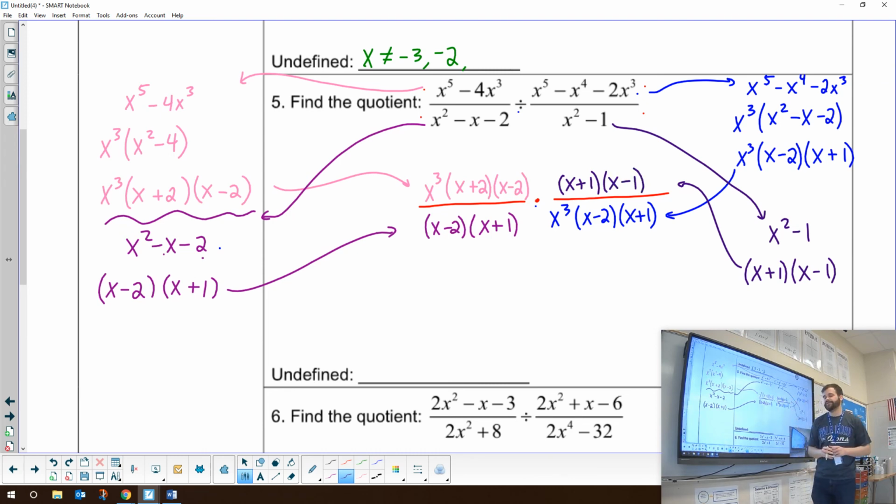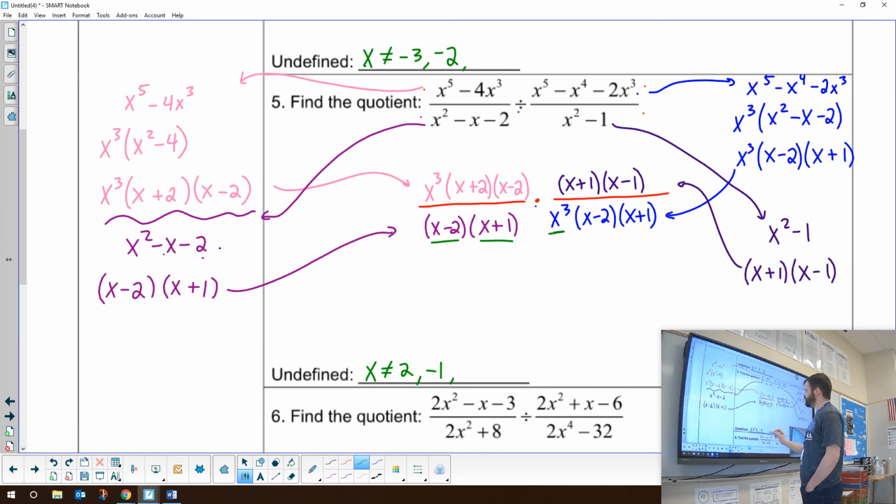Now, I need to find the undefineds for everything that is on bottom now or used to be on bottom. So the answer to that is we're going to have this x minus 2 is going to give me x cannot equal 2. This x plus 1, negative 1.